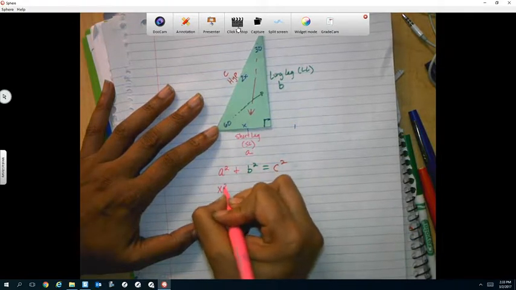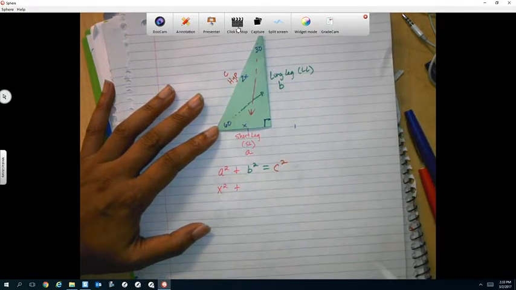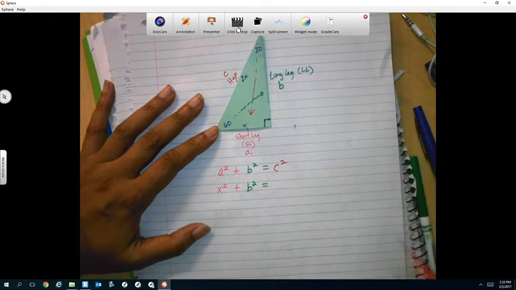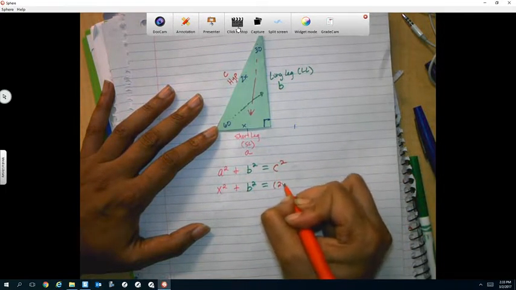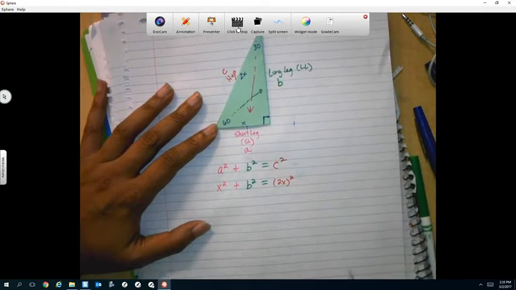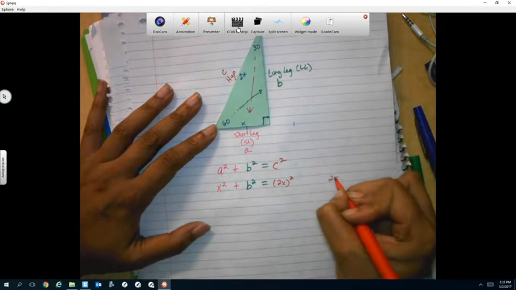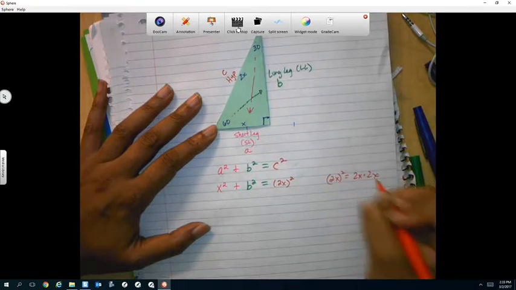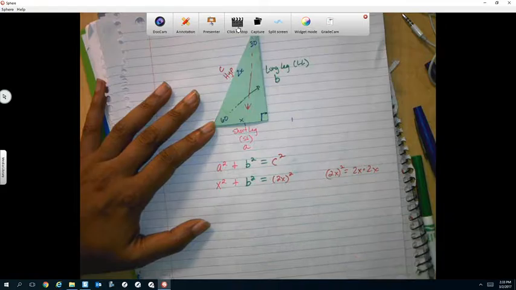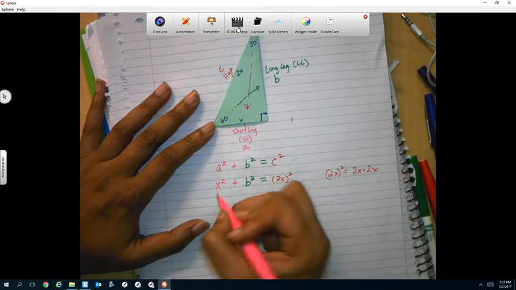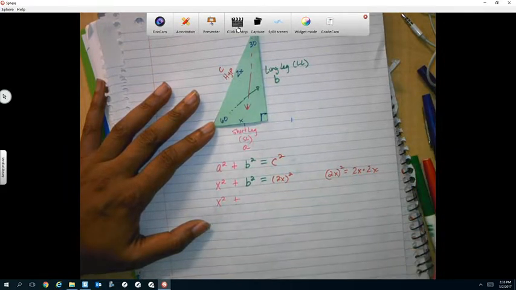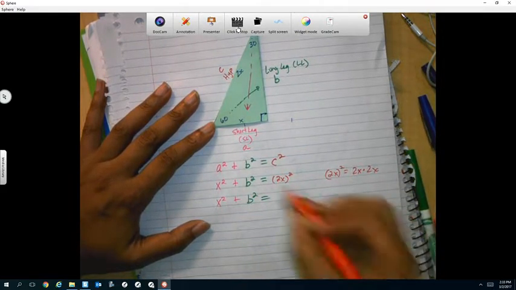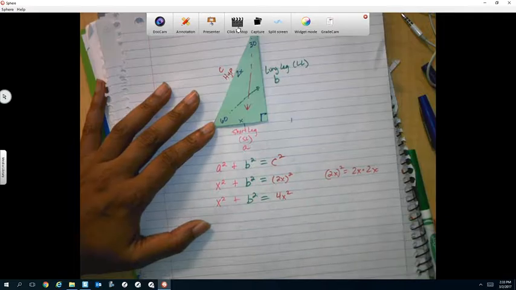So we'll put x squared plus b squared, which is what we're trying to find, the length of the leg, is equal to, and this is now going to be parentheses, 2x squared. Because that means I have two factors. 2x parentheses squared means you have two factors of 2x. So when I simplify this, yes, we have x squared plus b squared, but this is going to equal 4x squared.